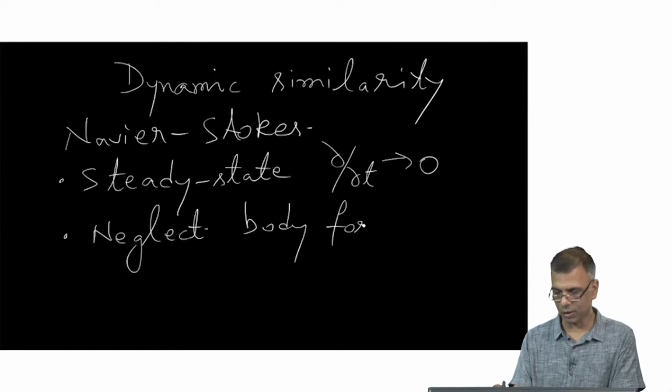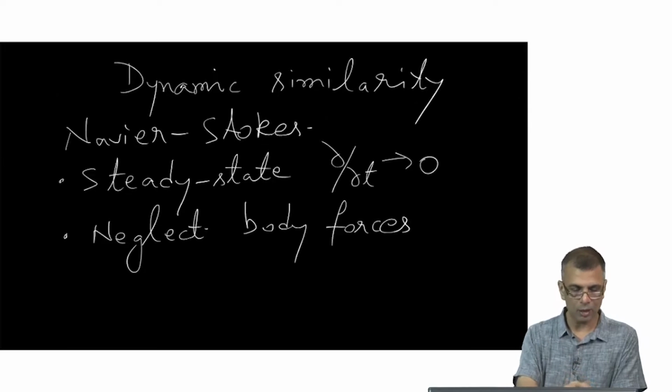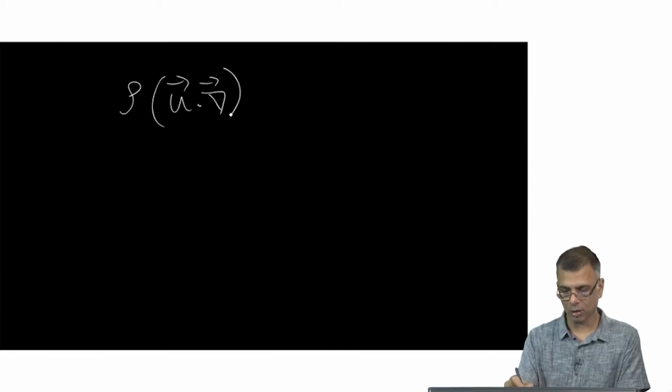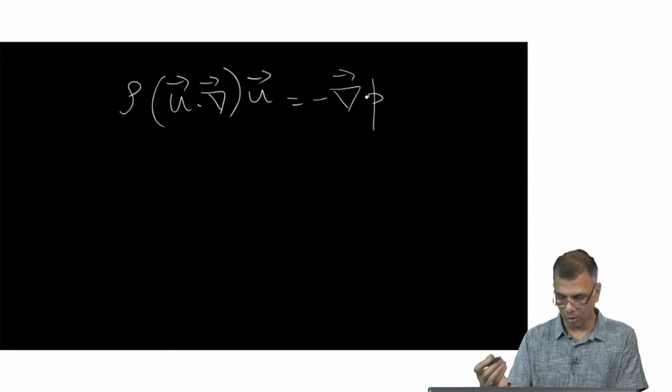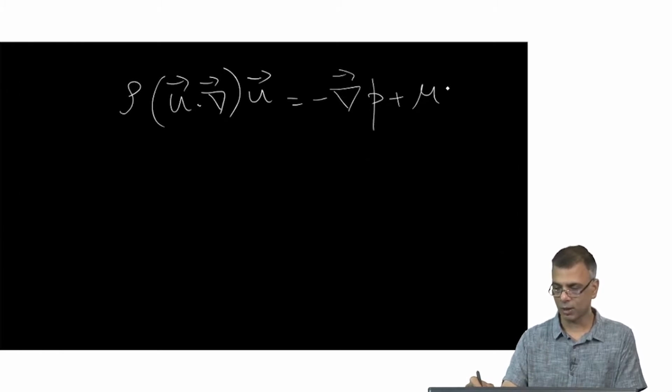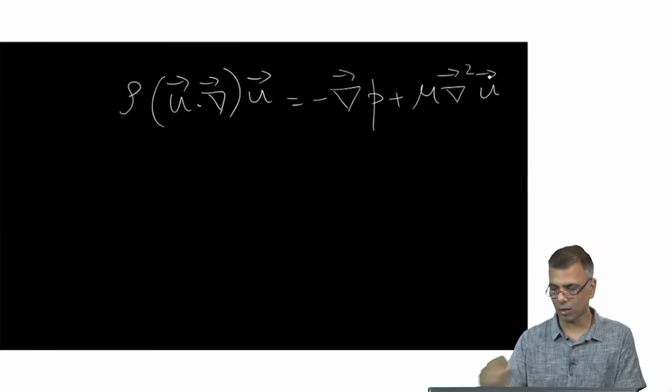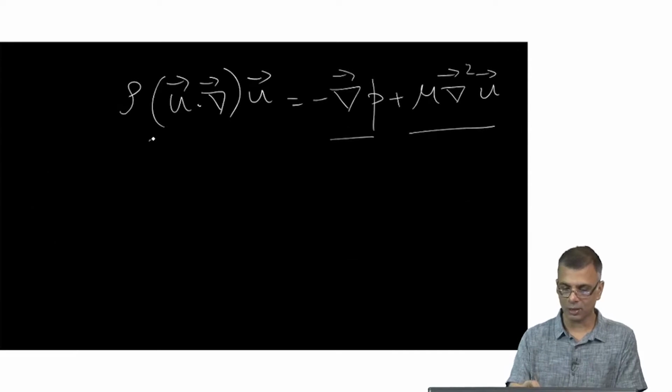such as gravity, right. If we do that, the Navier-Stokes equation is simply rho times, so this is MA, so to speak, and the MA can be due to pressure gradients, and there's also the viscous term. So that's the viscous term, and this is the pressure gradient term, and this is the inertial term.